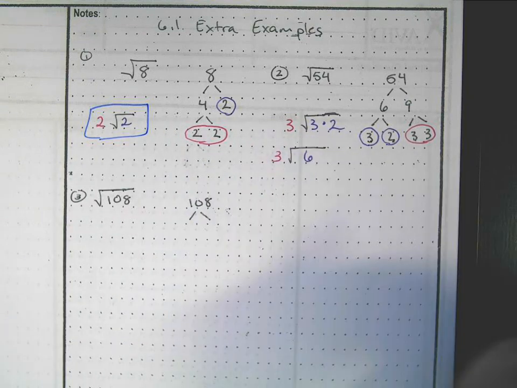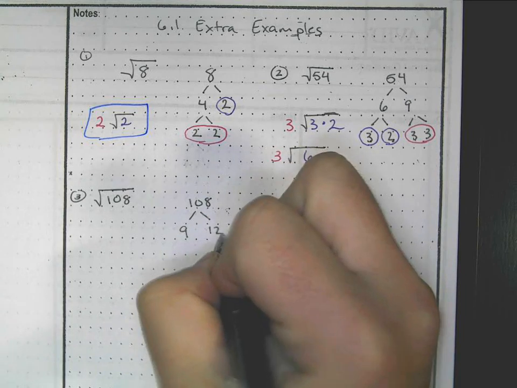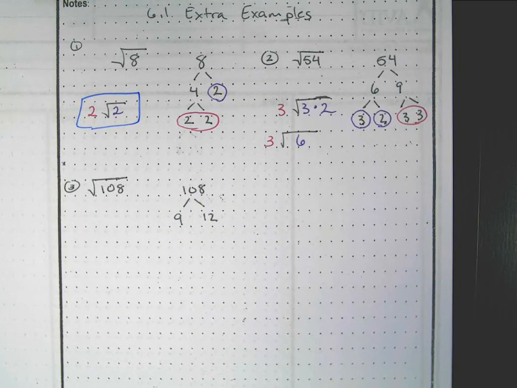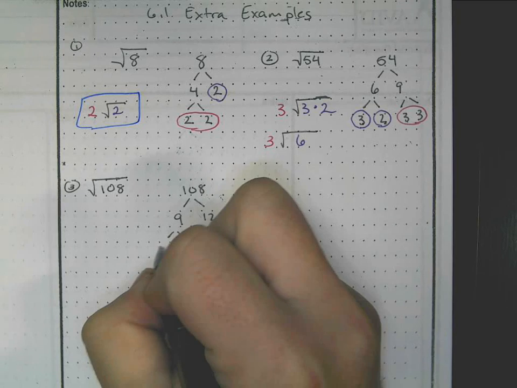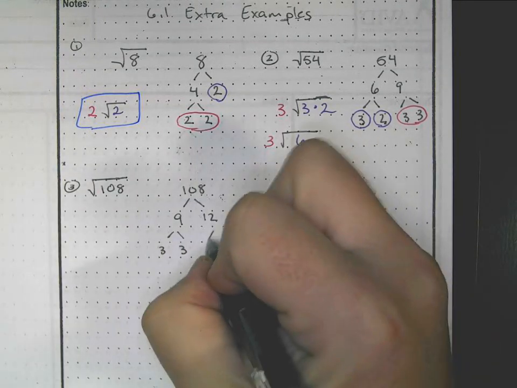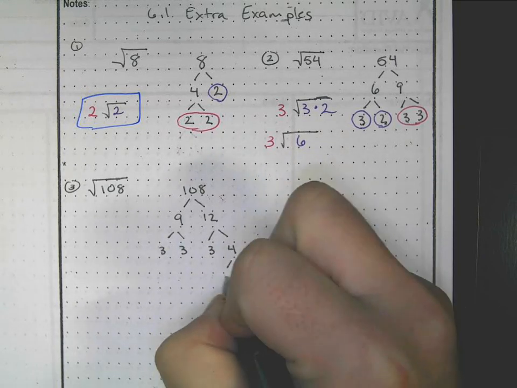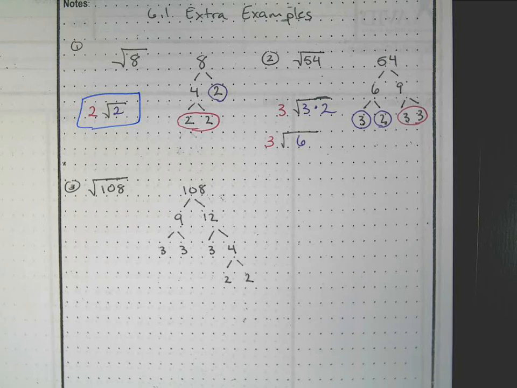Well, 108 breaks down into 9 times 12. The 9 can break down into 3 times 3. 12 can break down to 3 times 4, and 4 breaks down to 2 times 2.